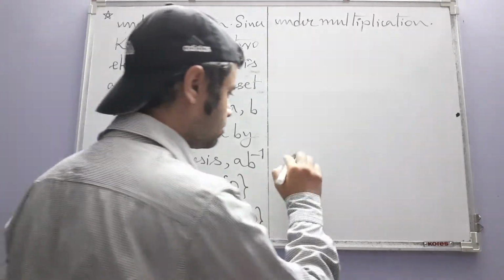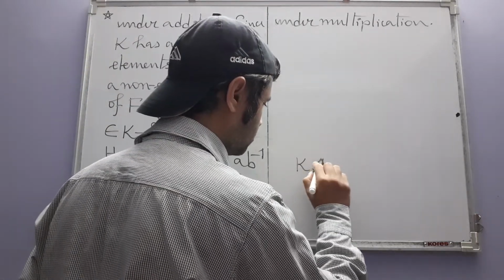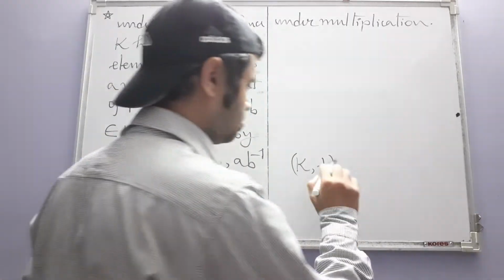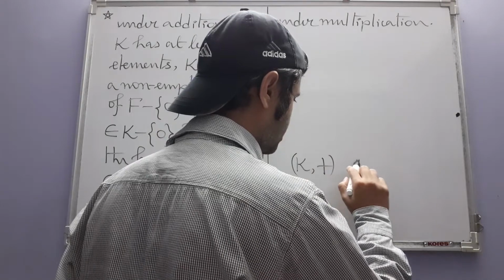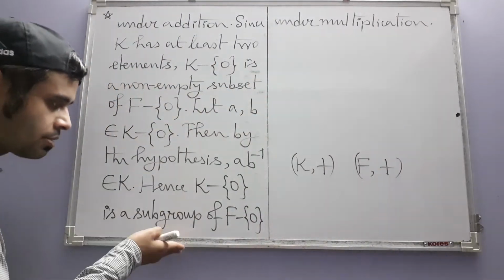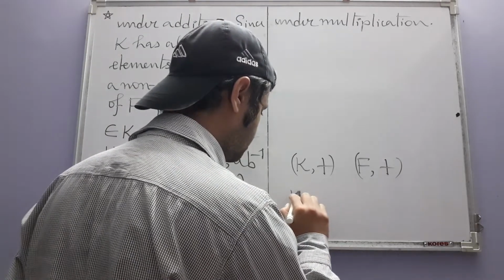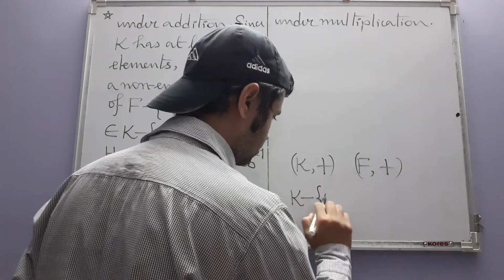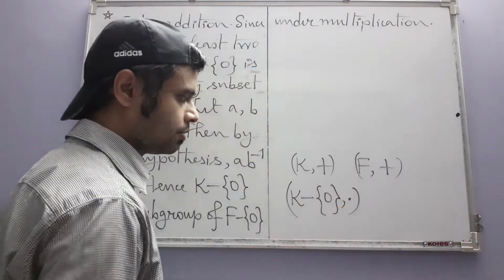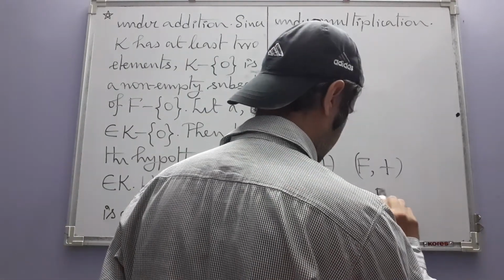We have shown that this is an abelian group because we have shown that this is a subgroup of this group, and just now we have shown that this is a subgroup of this group.